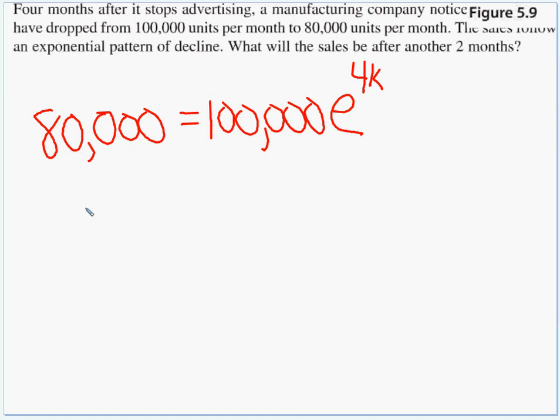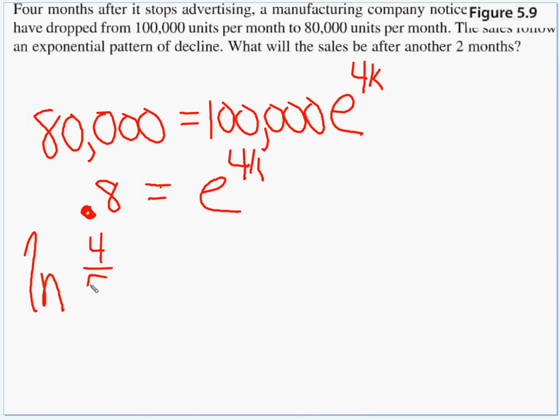We'll just use a decimal on this. 0.8, or 8/10, is equal to e to the 4k. Take the natural log. I'm going to do it as a fraction because I'm having trouble drawing decimals with my pad here. The natural log of 0.8, or 4/5, is equal to 4k, and divide by 4. So k is equal to the natural log of 0.8 divided by 4.